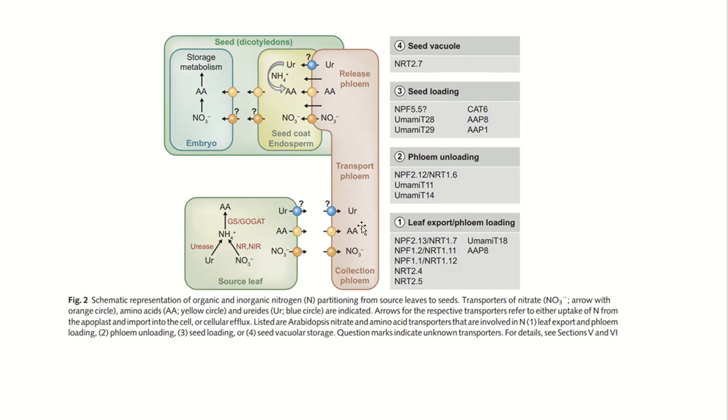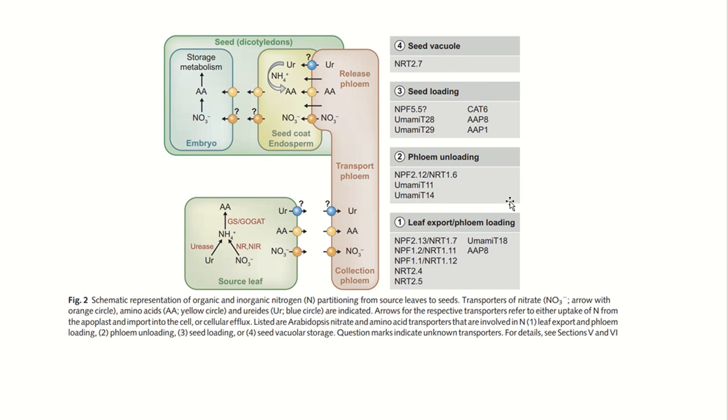So this is the schematic representation of organic and inorganic nitrogen, and how the urease enzyme works, as already taught to you, and the transport of nitrate. All the arrows you can see here: nitrate, embryo, seed coat, endosperm, source leaf, and in the phloem how it is released, seed vacuole, seed loading, phloem unloading and loading, which I will teach you.